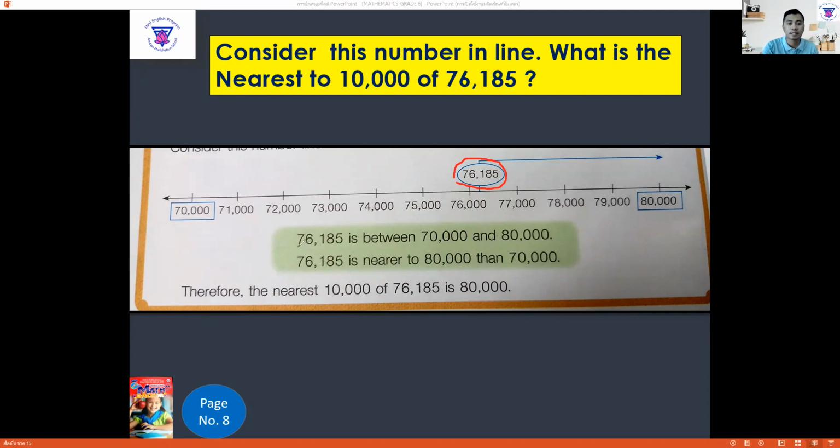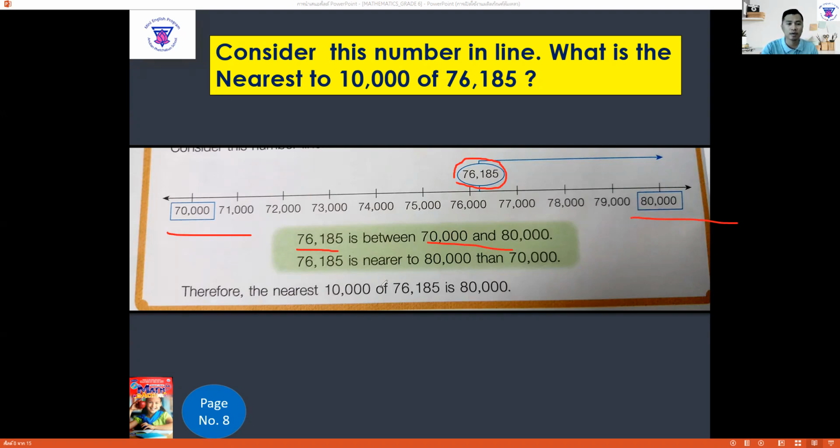Now look, 76,185 is between 70,000 and 80,000. Now where is 70,000? Sorry, 70,000 is here. And then 80,000. Okay, so again, it's in between 70,000 and 80,000.